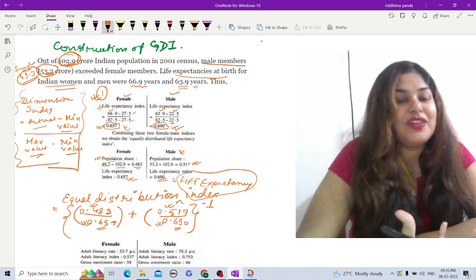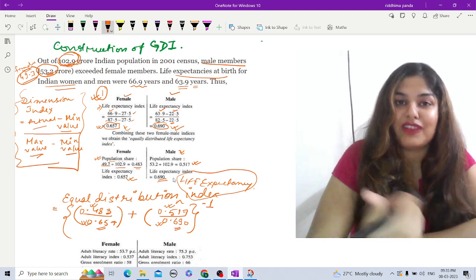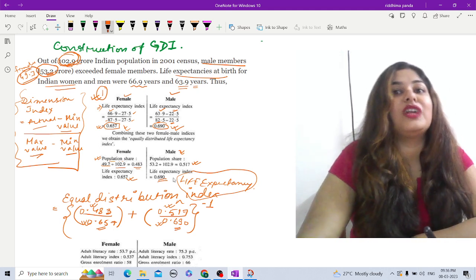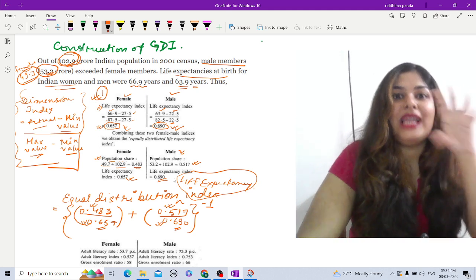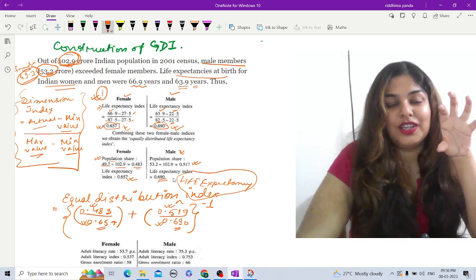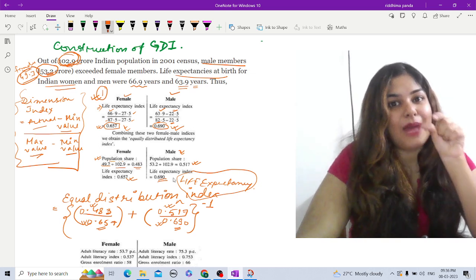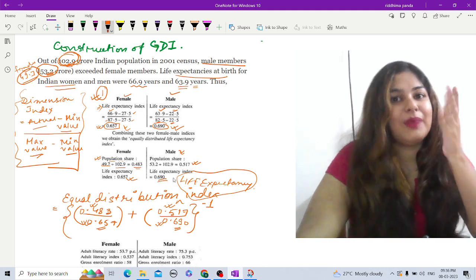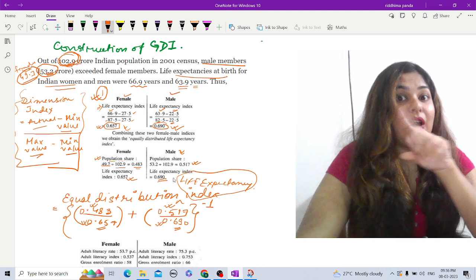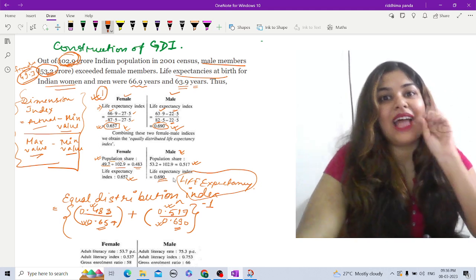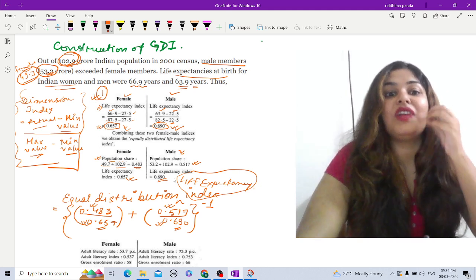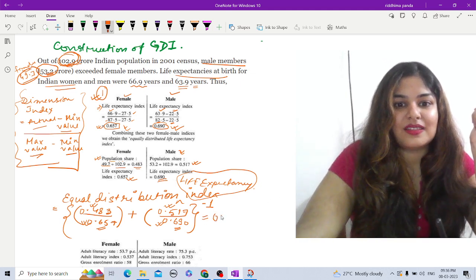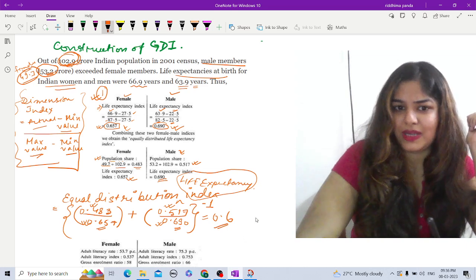For whichever dimension index, whether life expectancy index, education index or income index, we divide the male population share by that particular dimension index and add it to the female share divided by the female index, whole to the power minus 1, so the reciprocal of that. That is the general formula of our equal distribution index. So here we have our answer, which will be approximately 0.6.